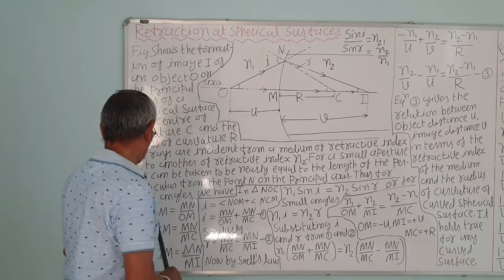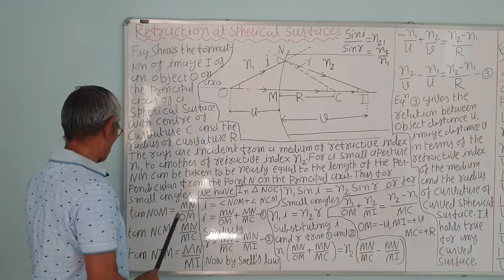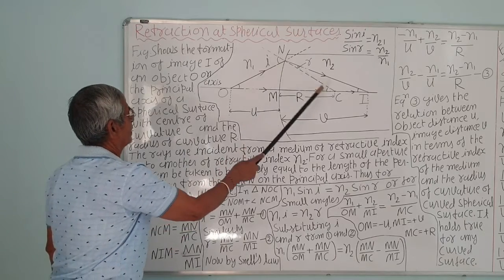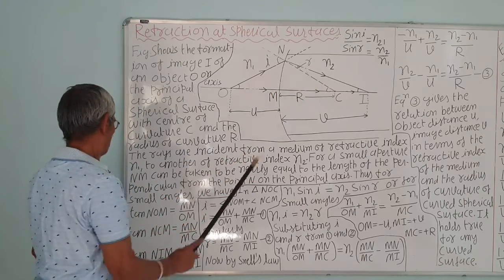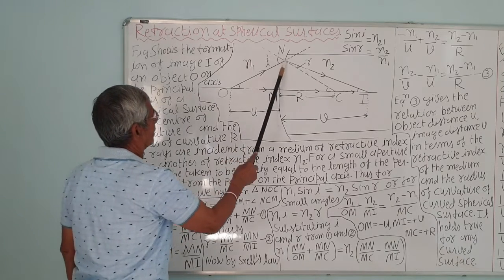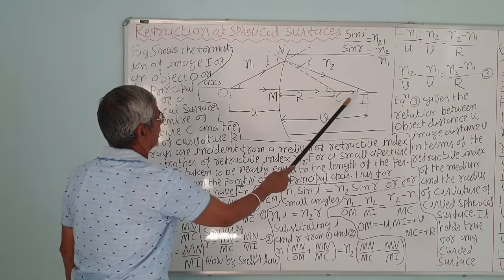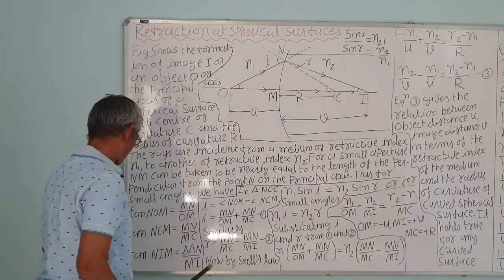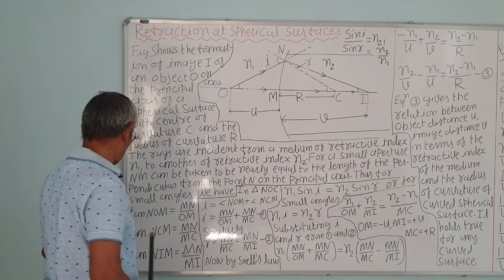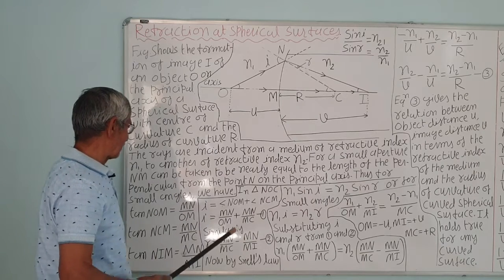So tan NOM is equal to MN upon OM, and tan NCM, this angle, is equal to MN upon MC, or tan NIM, this angle, is equal to the front side upon the near adjacent side, that is MI. For a small angle, this could be taken as theta.